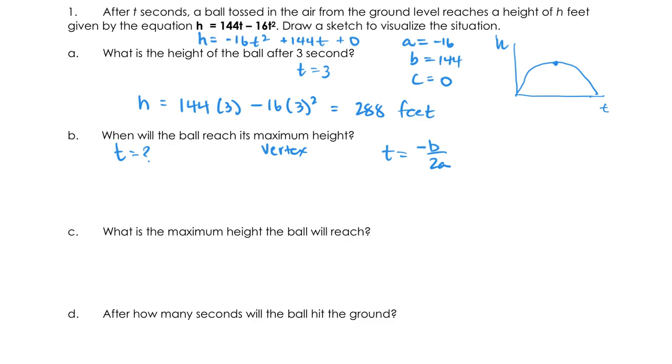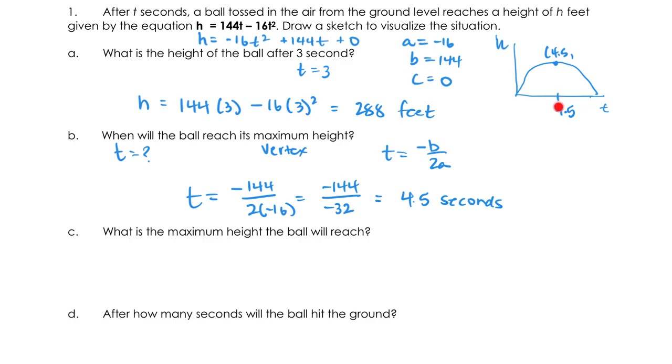And we know that b is 144, so the opposite of that is negative 144 divided by 2 times a, which is negative 16. I do recommend simplifying the bottom before putting this into your calculator. This ensures getting the correct answer, and if you divide this through, you get 4.5, so that's 4.5 seconds.